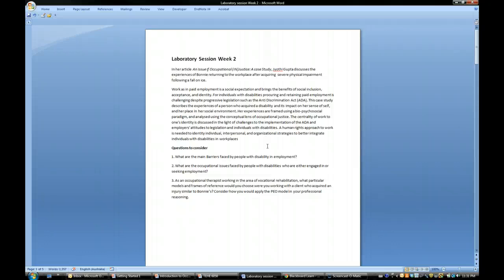For example, they could be environmental barriers to employment. They could be attitudinal barriers, so the attitudes of prospective employers, or they could be issues relating to whether the person has the capacity to do the job.